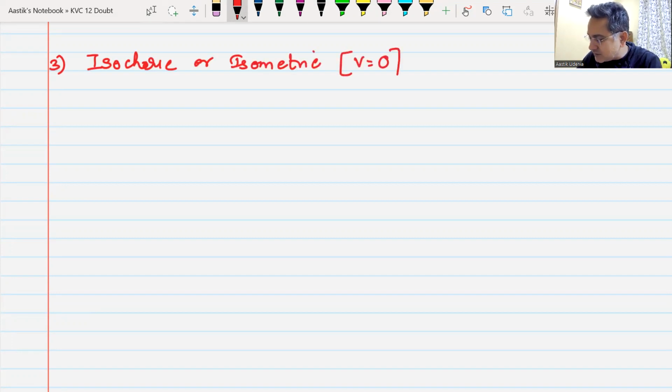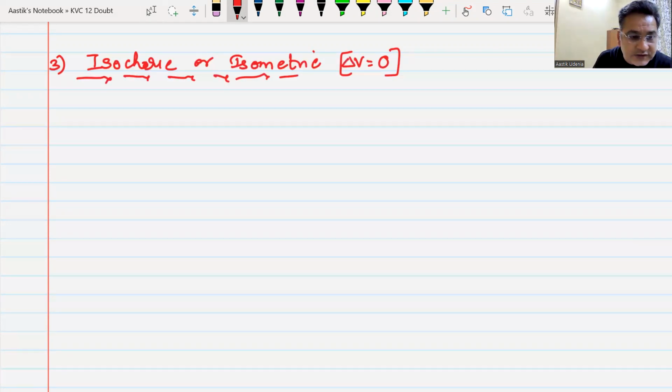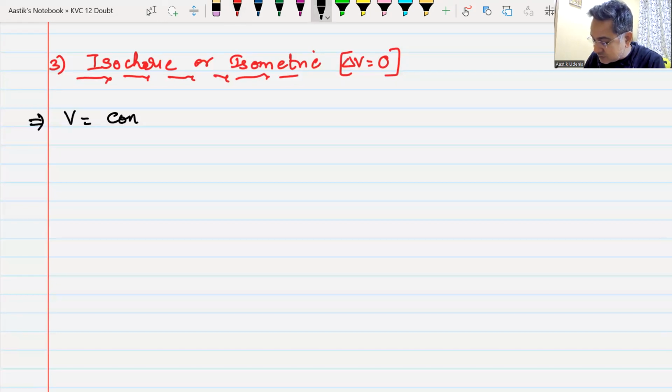As the name suggests, this is a process where the change in the volume is zero. So volume remains constant in this process.